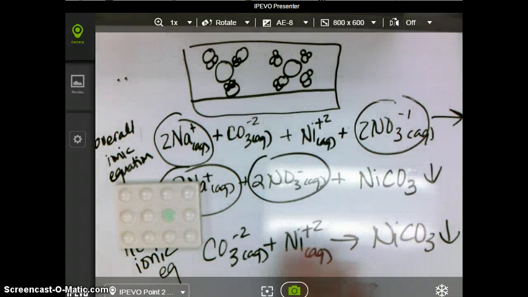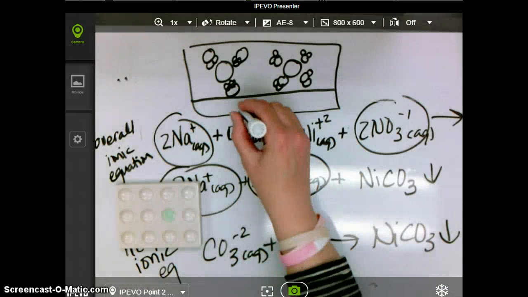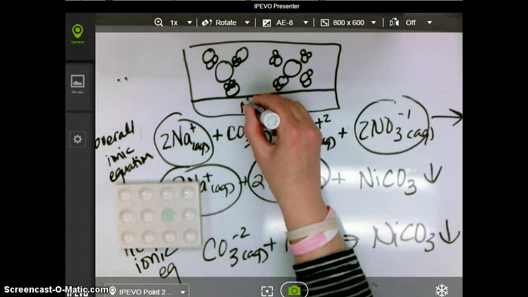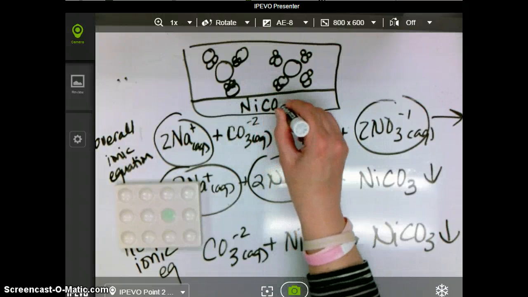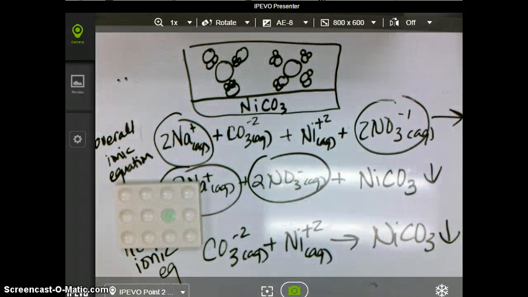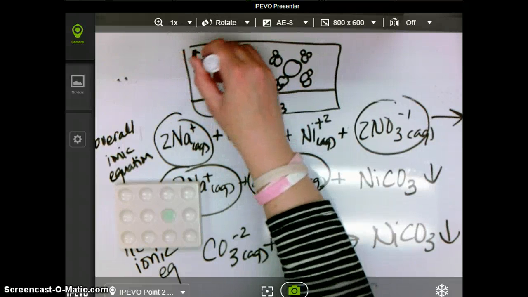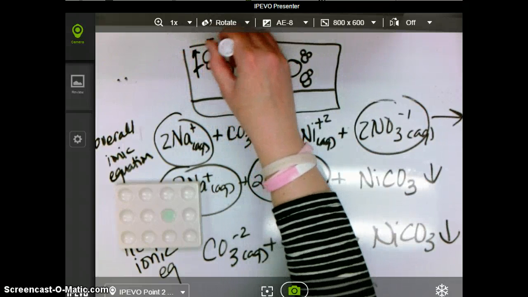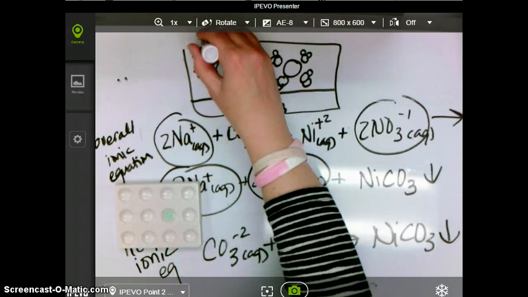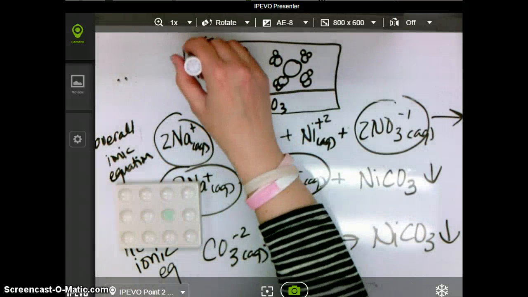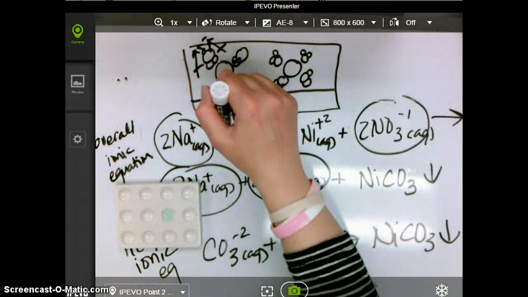So I come back down here to my reaction. I identify, as the lab tells you, that the PPT is to be represented along the bottom of the well. And then up on top, we're going to show the ions that are in solution at the end of the lab. Well, keeping in mind the polarity of water, knowing that the oxygen is more electronegative than the hydrogen, my slightly negative end of the water molecule is actually pointing away from this ion.